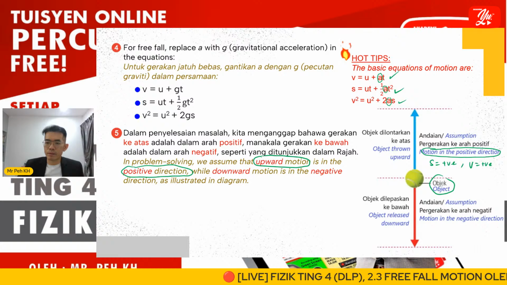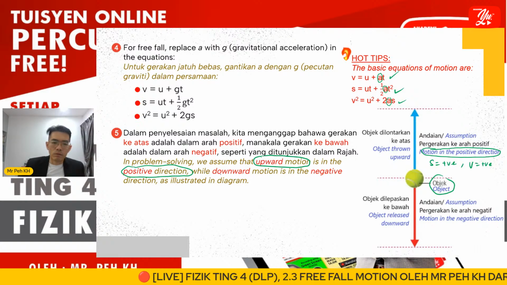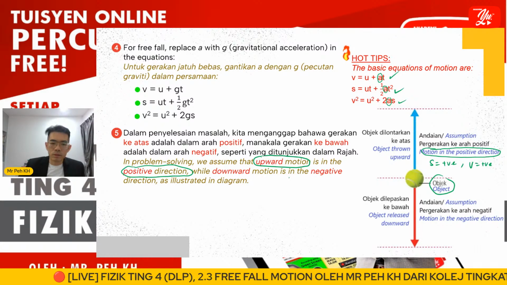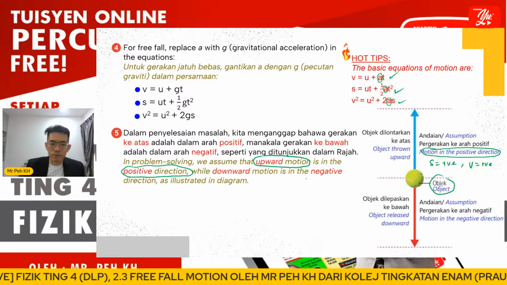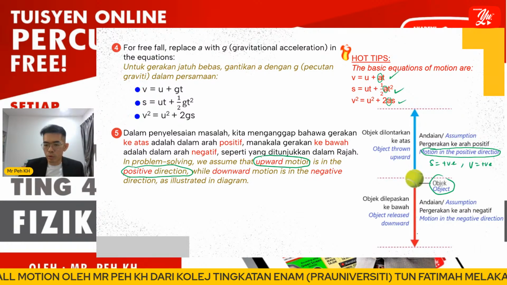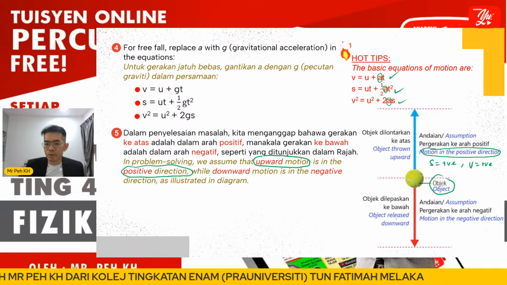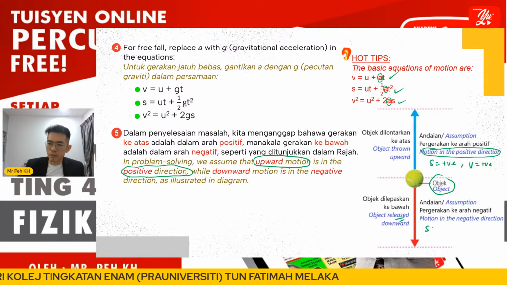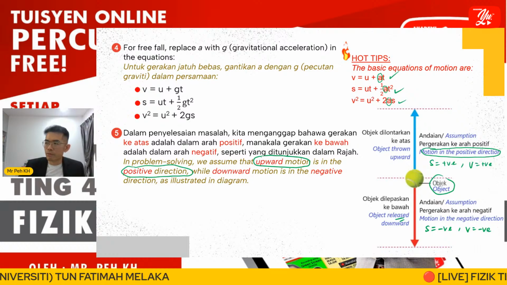While for downward motion, it will be negative, as illustrated in the figure. When the object is released downward, the displacement will be negative, velocity also negative.